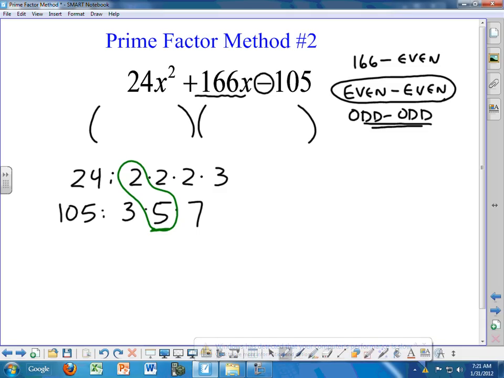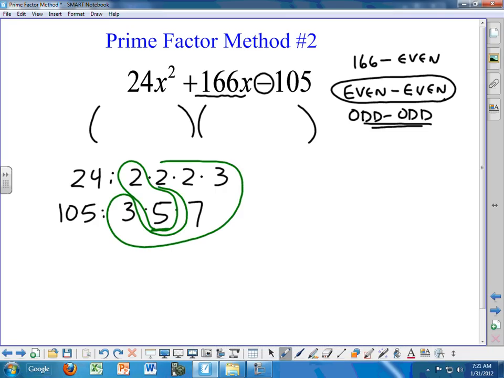And just for the sake of this example, we're just going to maybe group these this way with the 2 and the 5, and then all the rest of the terms go into a separate group. And I want to make these unbalanced because the number 166 here is such a large number. 2 times 5, therefore, is 10. And then we have 2 times 2 times 3 times 3.